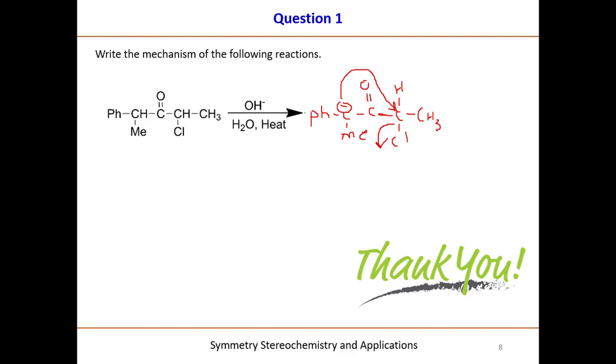This is an SN2 reaction. Okay, so we will get here the cyclopropane ring intermediate, with the Ph, the Me group, and the cyclopropane ring, correct?